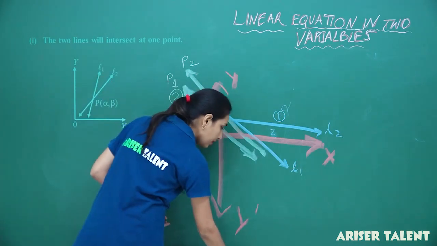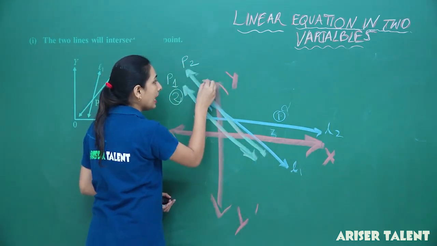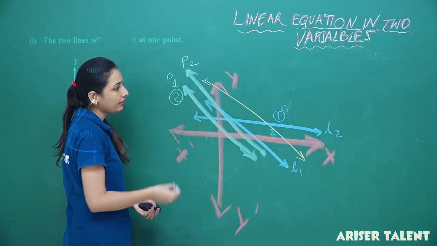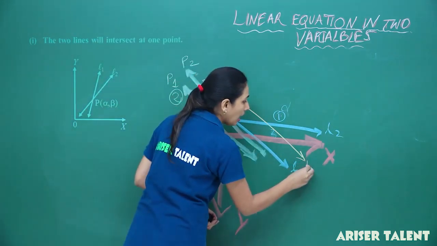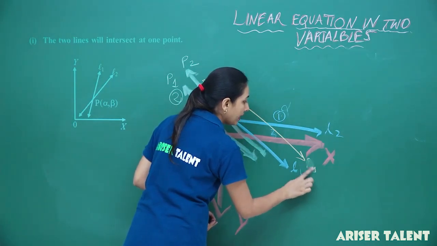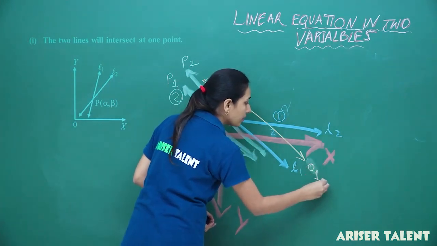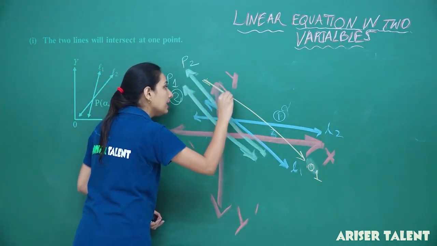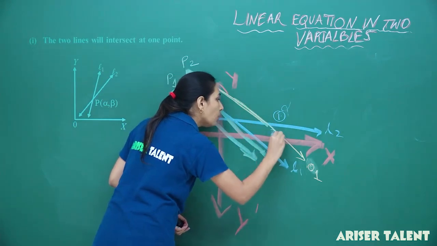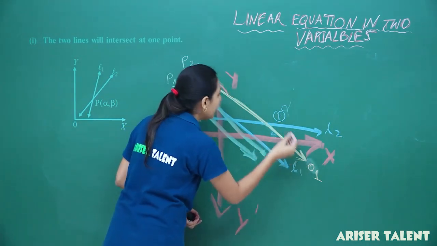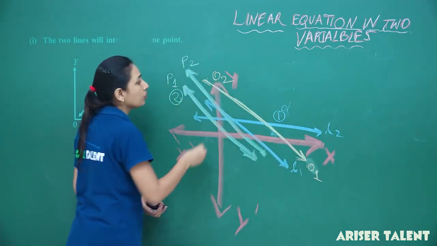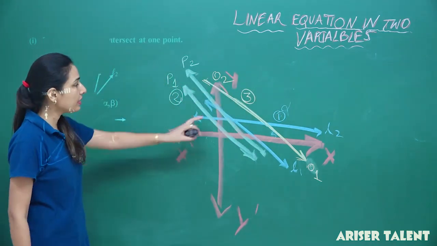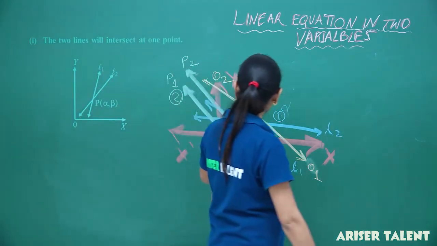The third one can be like this: I am having a first line, which is O1, and again I am having a line which overlaps this line, and I'll call it O2. Now this is the third condition. The first condition: they are intersecting.